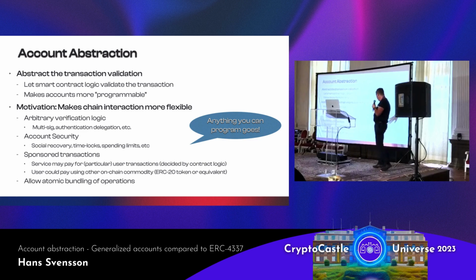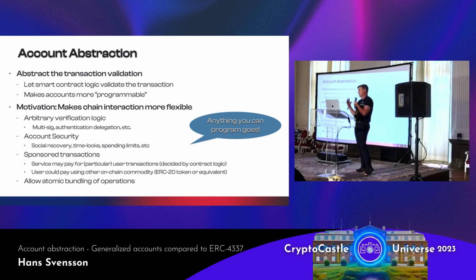If possible, it's nice if you can pay with other commodities, like an ERC-20 token, and pay gas with that instead of Ethereum, for example. And there's also certain ways of bundling operations together so that you can make even more atomic swaps and similar.